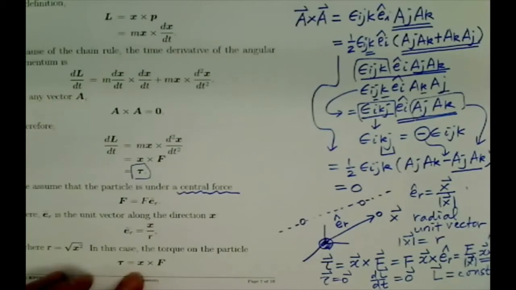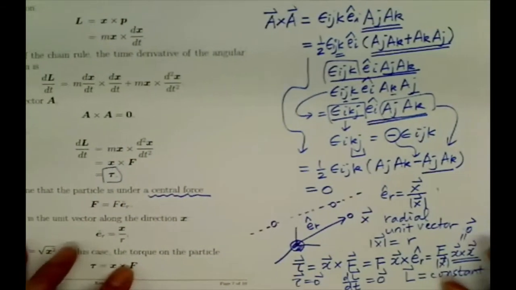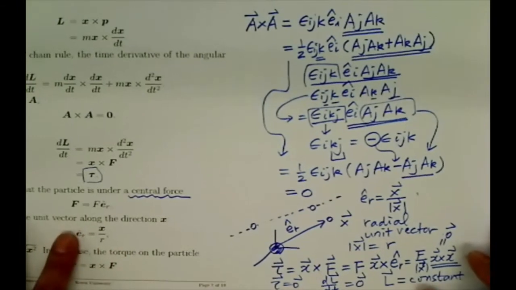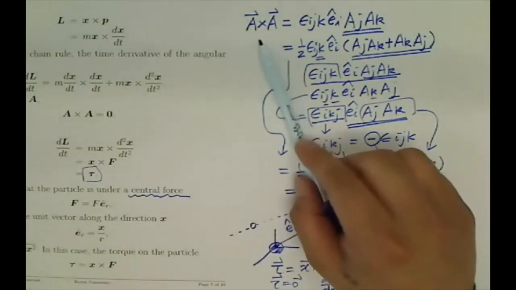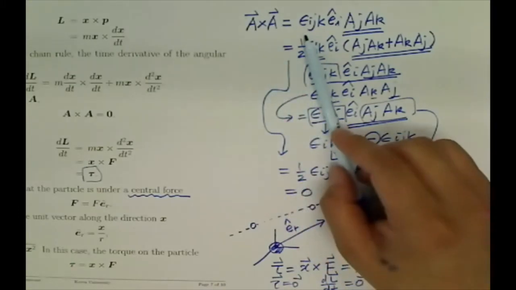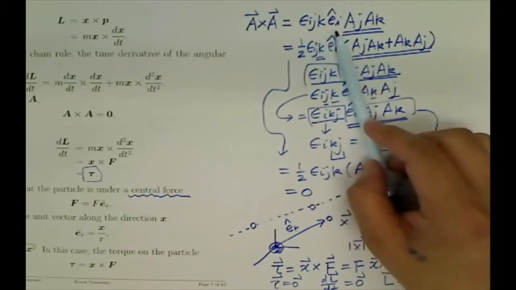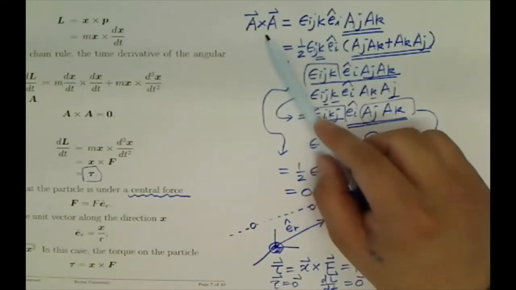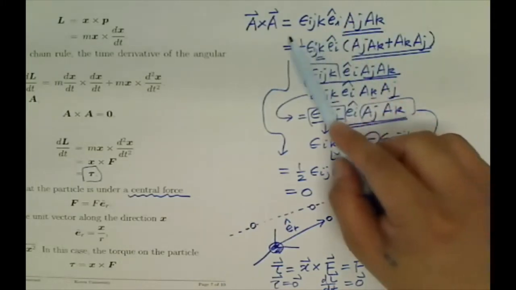Let us recall why A cross A equals 0 using Levi-Civita symbols. A cross A is a cross product, so let me write down epsilon ijk, e_i hat, a_j a_k. This sum is the whole left hand side.